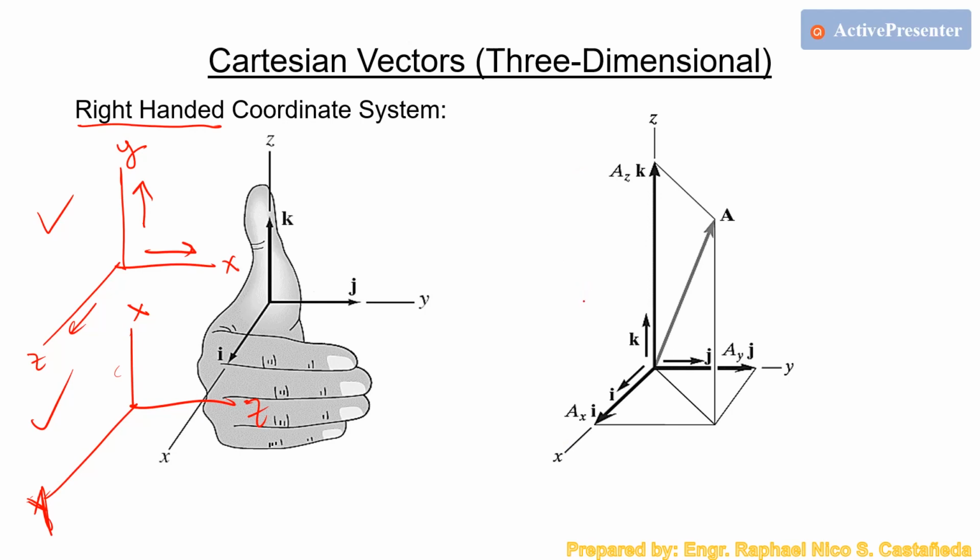To figure it out, remember that this drawing is a three-dimensional figure, so I always use this technique. I draw, shall we say, a solid rectangular parallelepiped, which is this one.